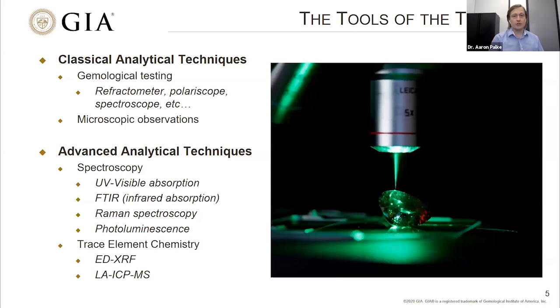So using a gemological microscope to understand something about the gemstones we're looking at. And then what's maybe more interesting for this audience might be the advanced analytical techniques we'll talk about: spectroscopy and trace element chemistry. I'm not going to say each of these things right now because we'll talk about them later, but just to give you an overview of what we're going to be talking about.